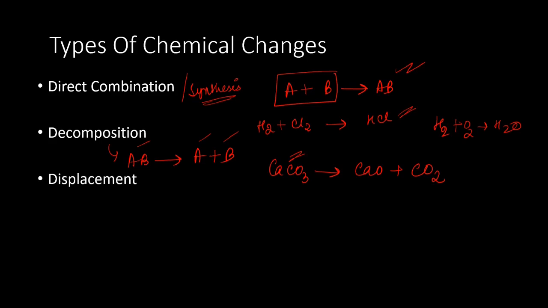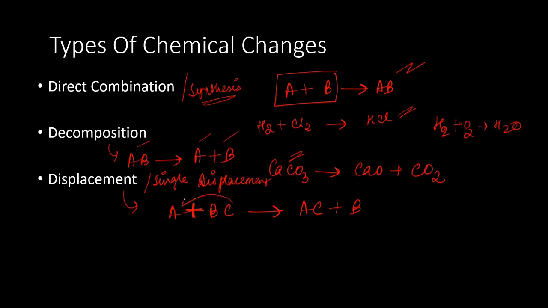Next, displacement reaction, or single displacement you can say. What happens in this case? A plus BC combines to form AC plus B. One is coming and taking the place, and the other remains as it is.